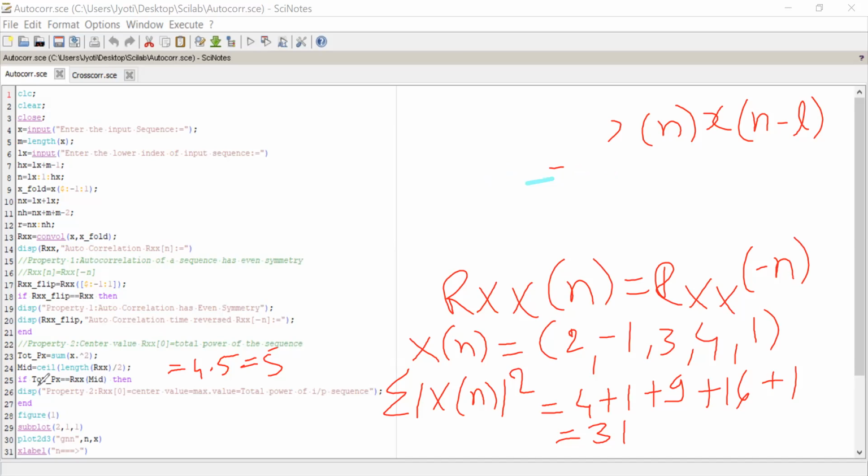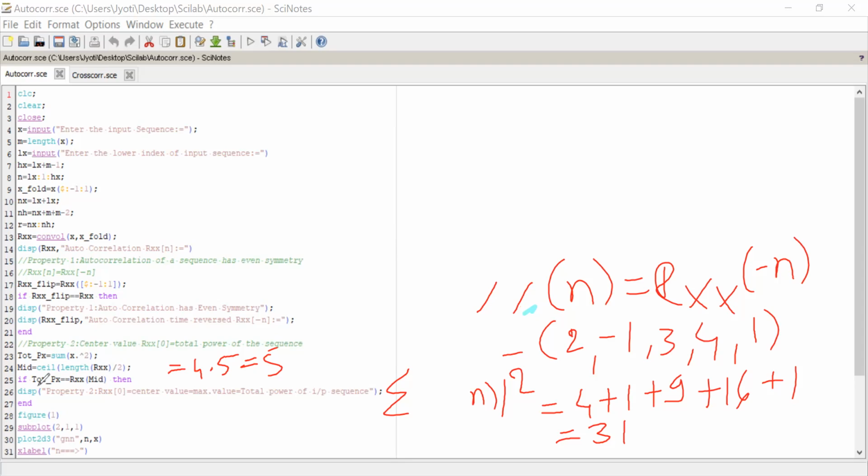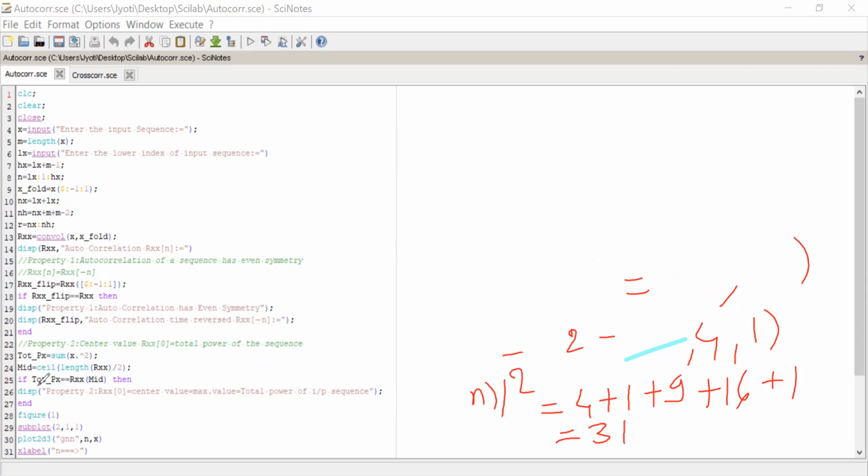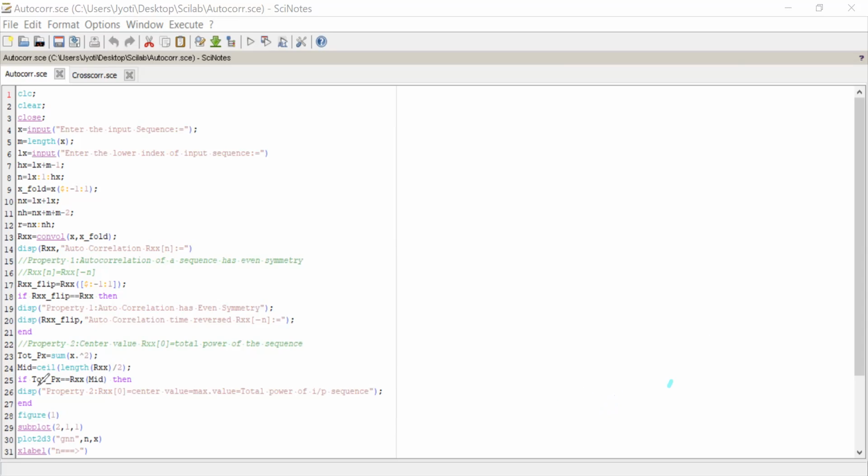Here I have verified the two properties. The first property verifies whether autocorrelation has even symmetry or not. The second property verifies whether the total power of the given sequence is equal to the midpoint of the Rxx value, or the maximum value of Rxx.